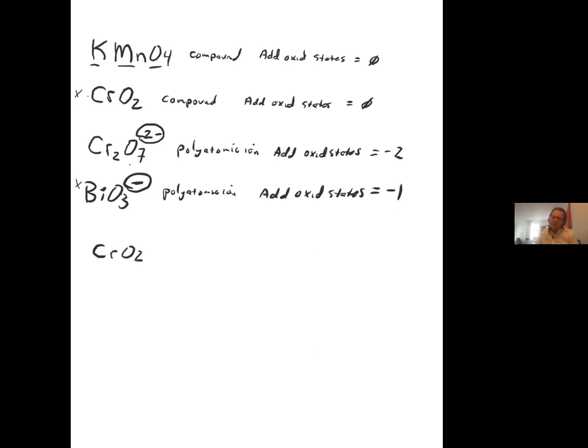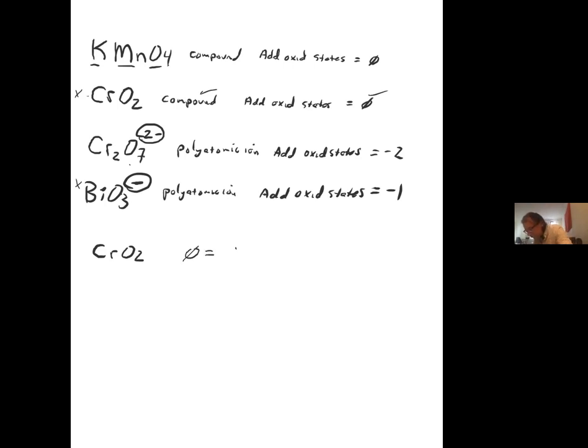Okay, again, there's not very many rules that I gave you. You will find lists online that have more rules, and those can be useful, but really it's just the ones I gave you. So CrO2, there's a rule about oxygen, which is that oxygen is -2. So here's the way I'm going to do this. I'm going to identify it as a compound, so that means they have to add up to 0. So I'll write the 0 on the left side. I'll just say 0 has got to equal whatever the chromium is.